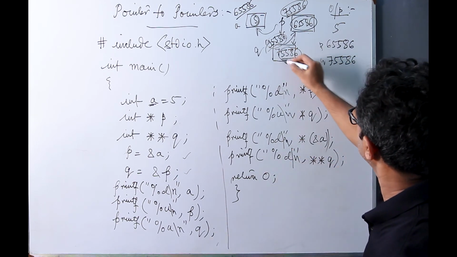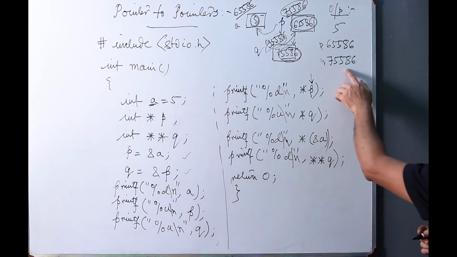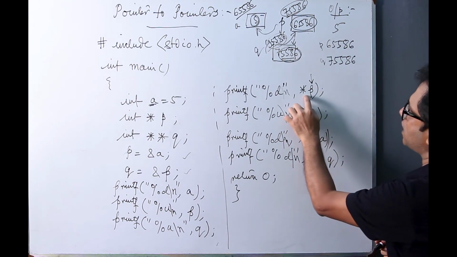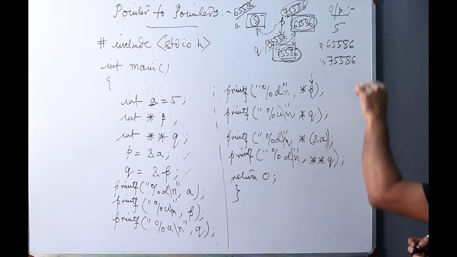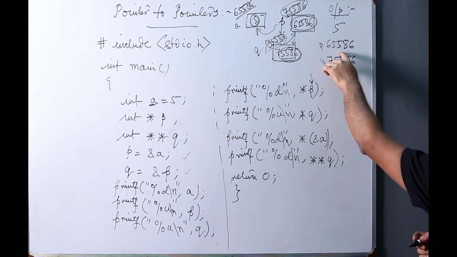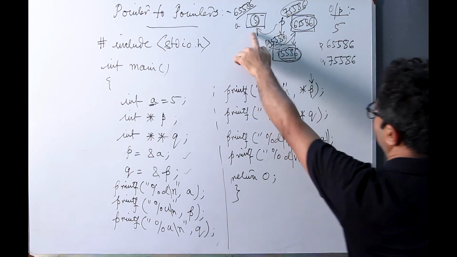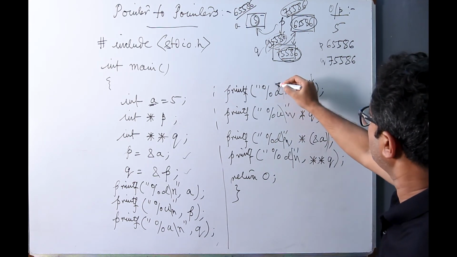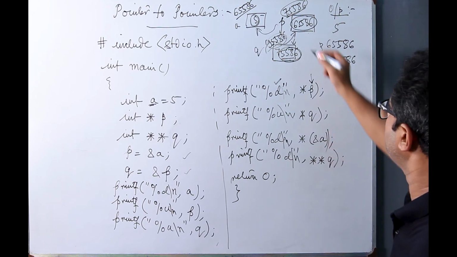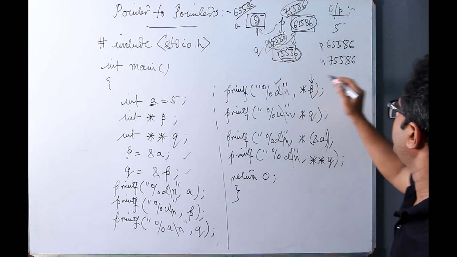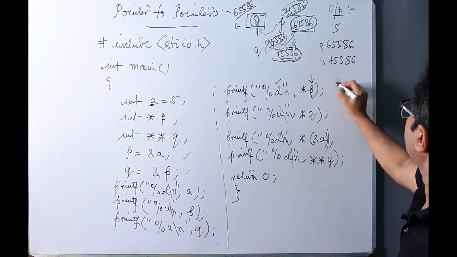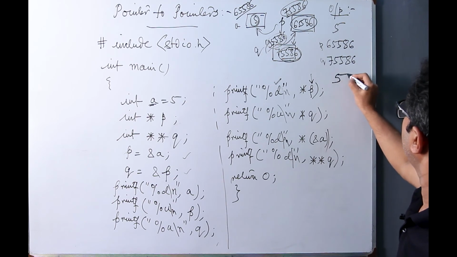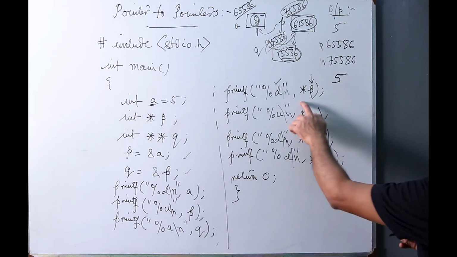So star p means value at 65586. So value at 65586 is nothing but 5. So we are going to print 5 over here, and that's why I have taken %d as the format specifier, because we are going to print an integer value. So this 5 will be the output of this line.